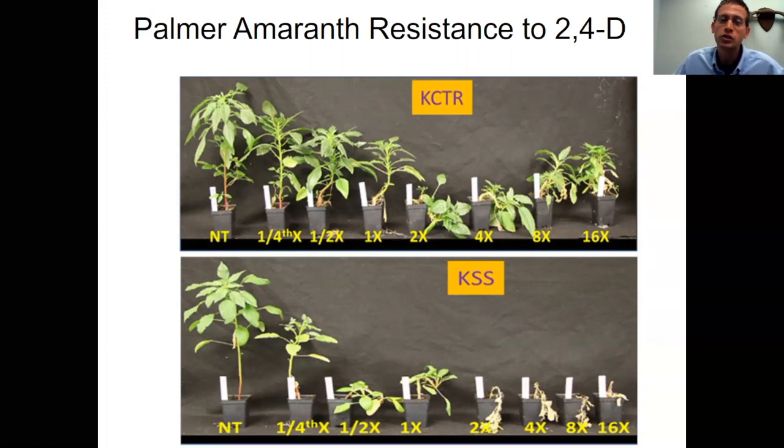S-metolachlor and 2,4-D resistance in other weed species has also been linked to increased activity of this cytochrome P450 enzyme. So it's possible, if not likely, that the genes providing resistance to the group 27 herbicides are also responsible for new resistance in this recently identified population.